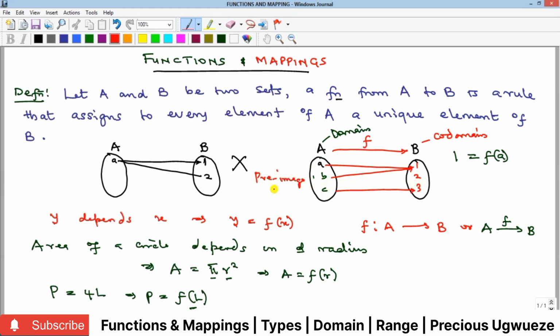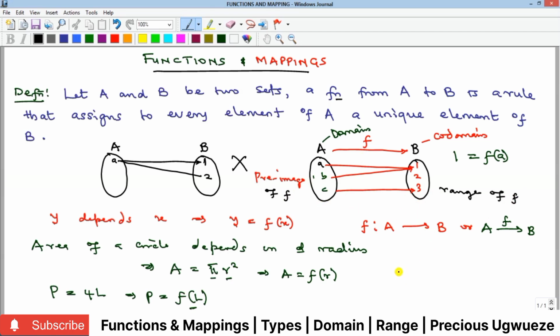The elements in B that have something mapped to them from A are called the range of the function, while the elements in A are called the pre-image of the function f.